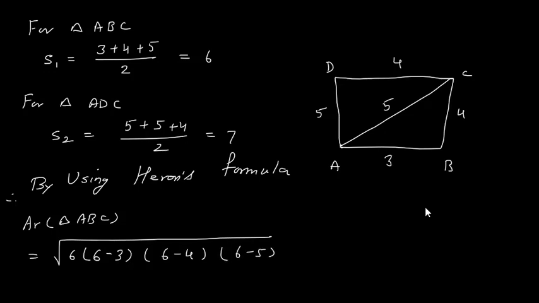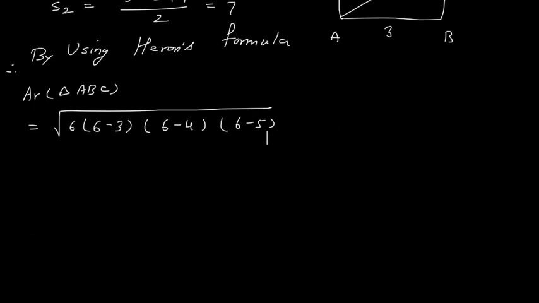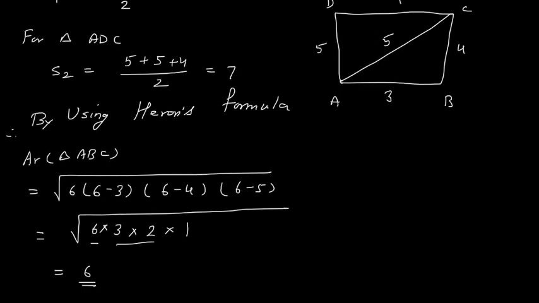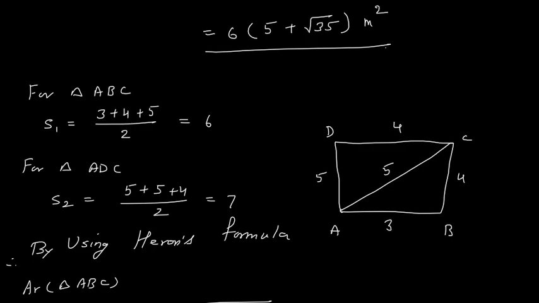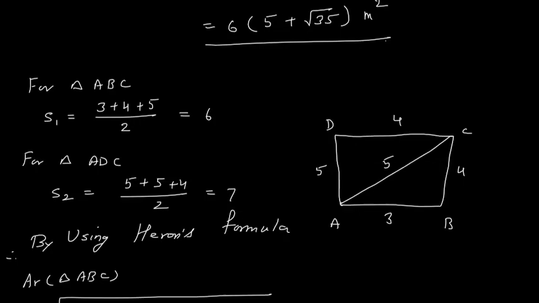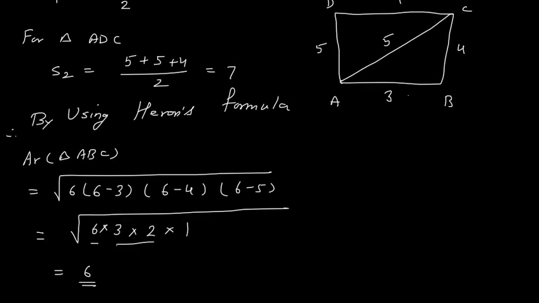So this is equal to square root of 6 into 6 minus 3 is 3, 6 minus 4 is 2, 6 minus 5 is 1. 3 into 2 is 6, so this 6 and 6 they are in pair, so my answer is 6. Area of triangle ABC is 6, the dimension is centimeter, so 6 centimeter square.